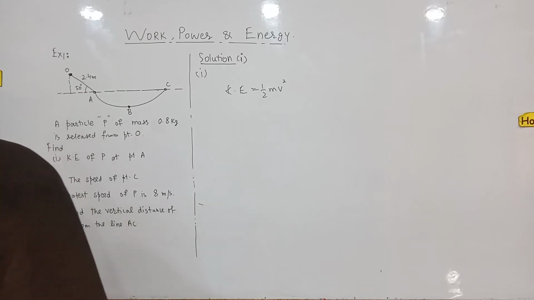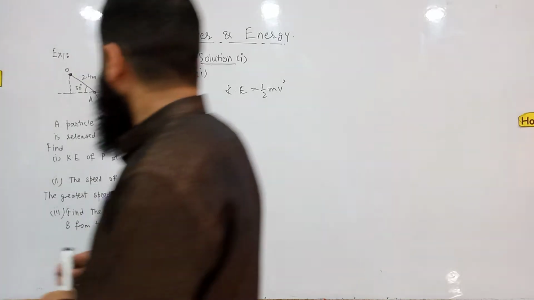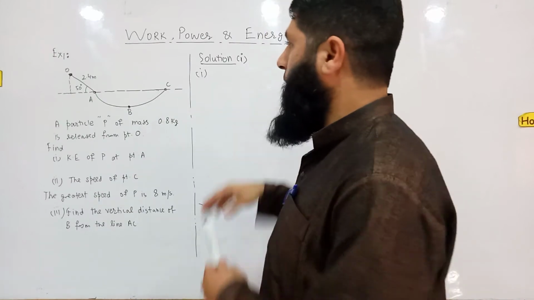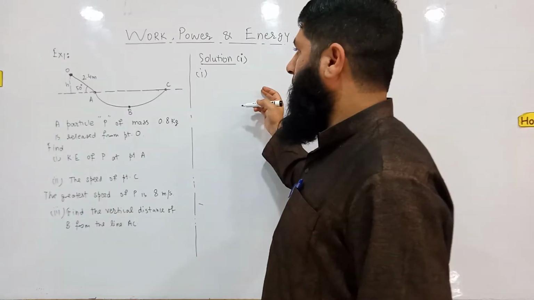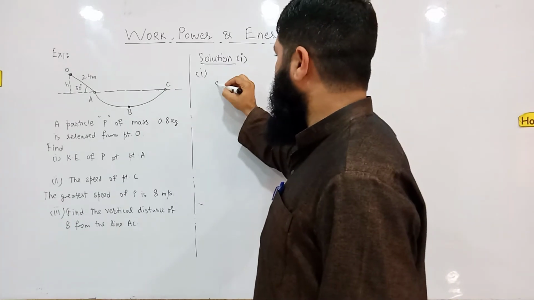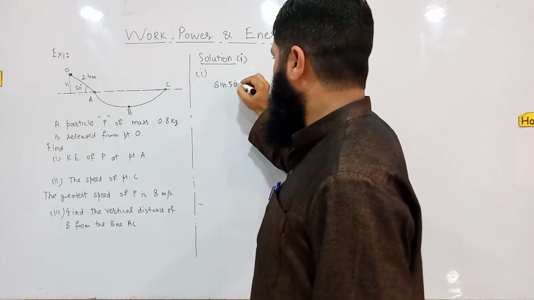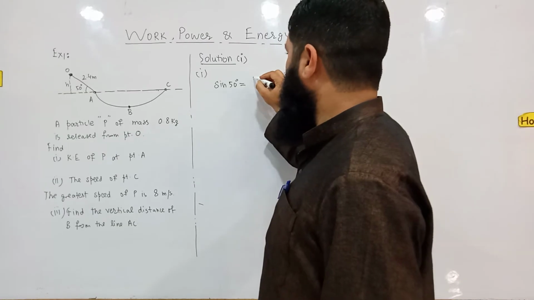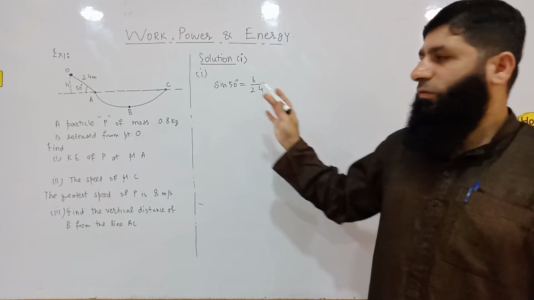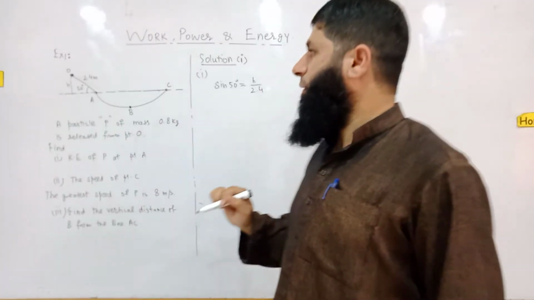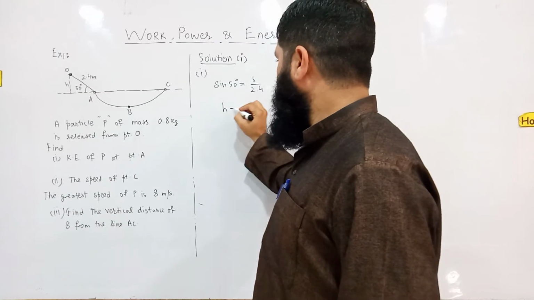Okay, so if we use the trigonometric identity, we know that this is H. In this triangle, sine 50 will be equal to H over 2.4. If we apply this trigonometric identity to this diagram, we will have H equal to 2.4 sine 50.